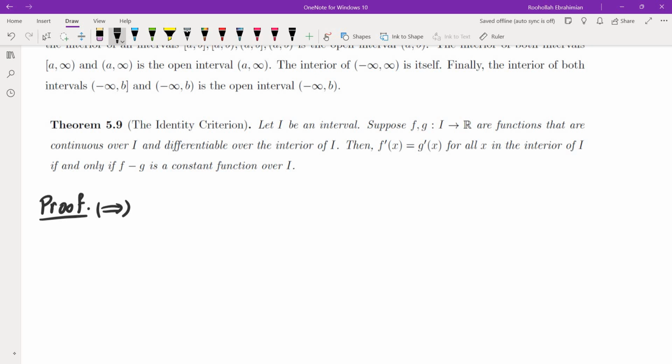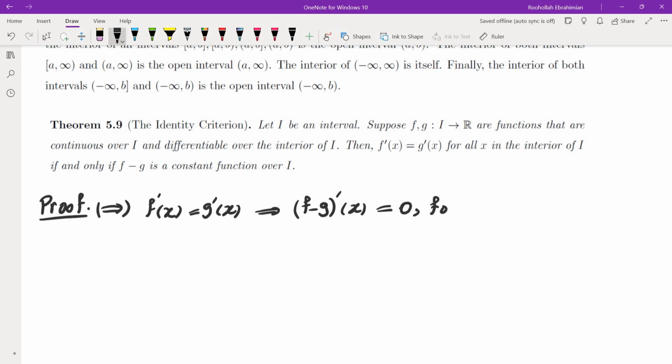So assume that f prime equals g prime for all x. So this implies f minus g prime is in fact equal to 0.